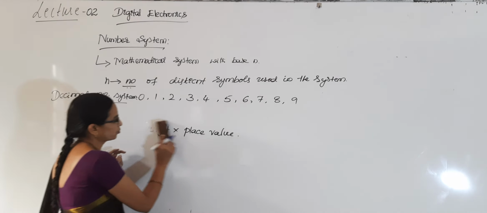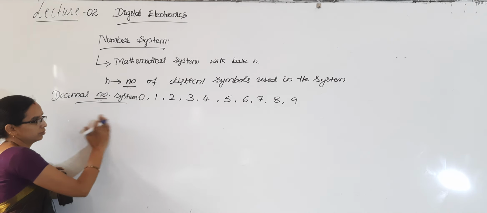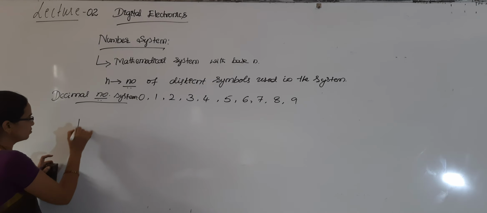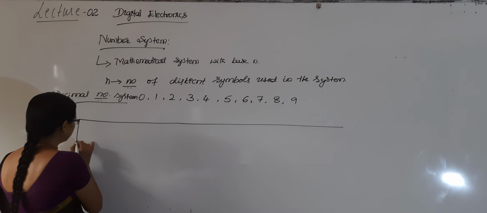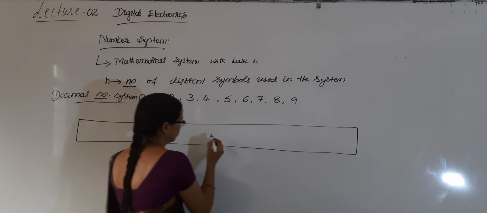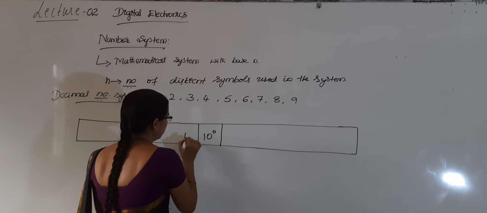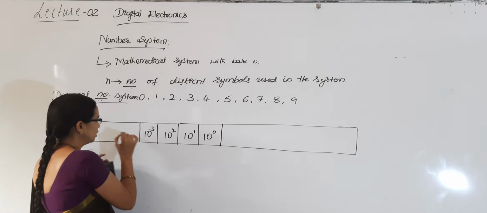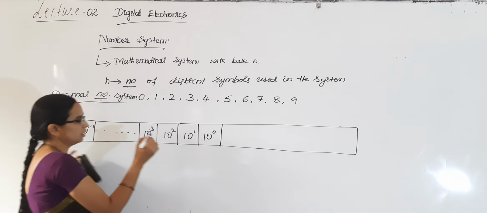That means if you have the place value representation of the decimal number system: 10 power 0, 10 power 1, 10 power 2, 10 power 3, etc., up to 10 power n minus 1.